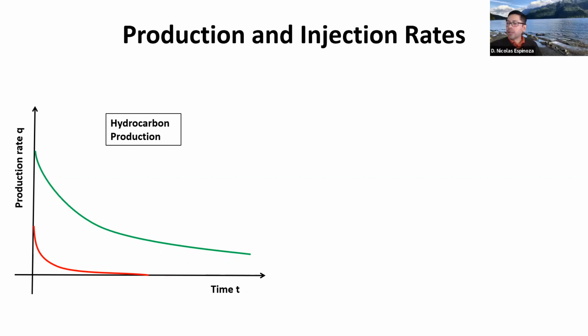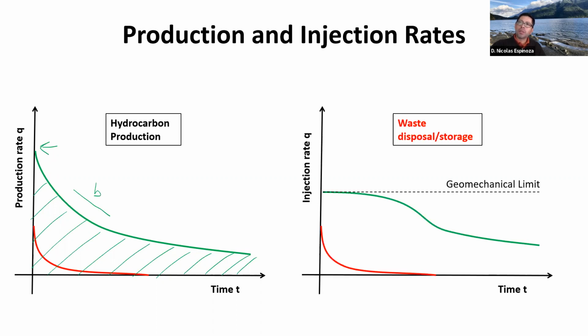Okay, very well. Why? Because the integral of this is going to be the total production, right? But basically, look at something very important here. We want a very high initial production rate, and also we want a not very steep decline rate. That's very important. And for storage, it's going to be something very similar, because for storage, we want to achieve now the opposite, a very high injection rate that we can sustain in time.